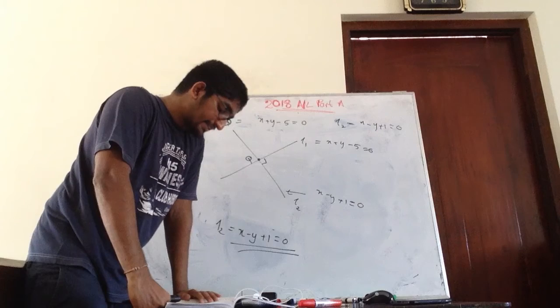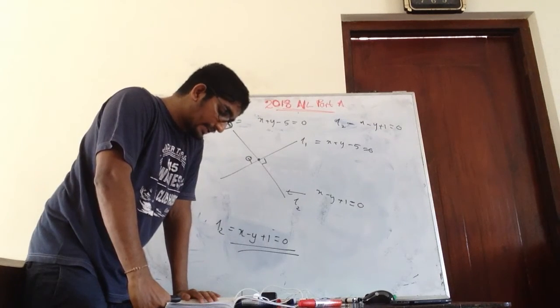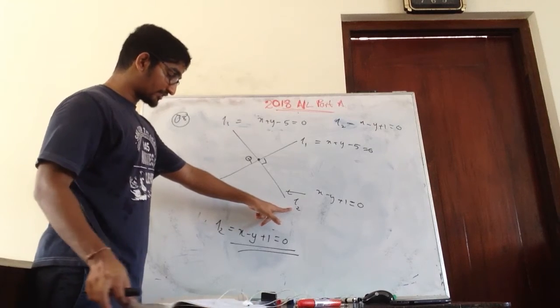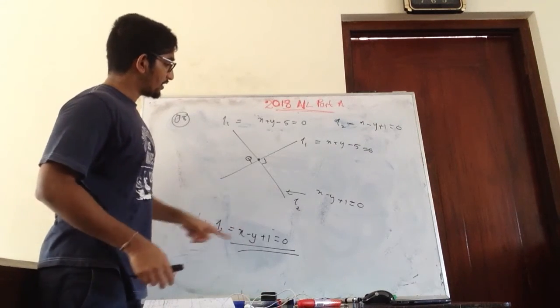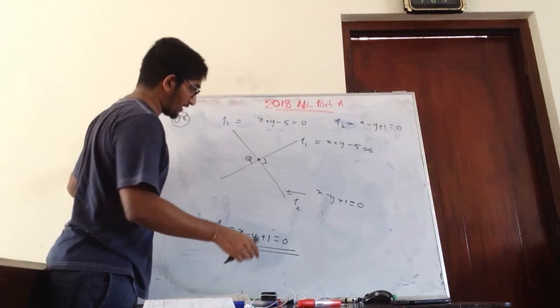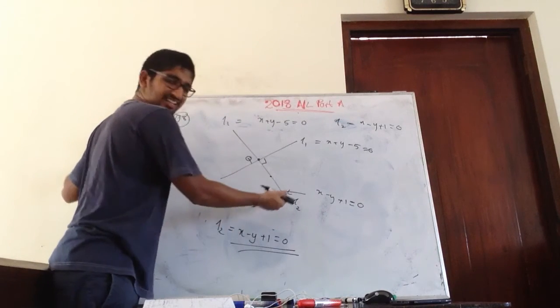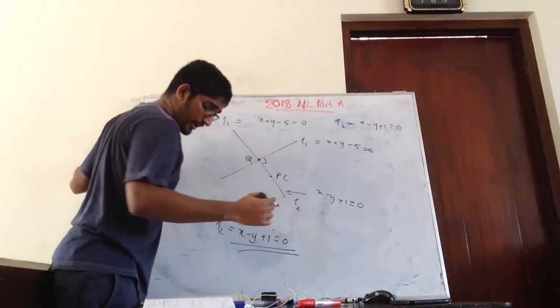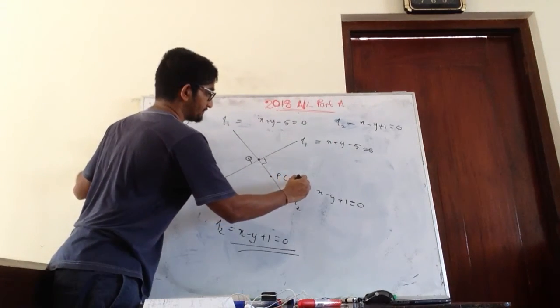Let Q be the point intersecting L1 and L2, and let R be the point on L2 such that PQ to QR is 1 to 2. There was a P somewhere, no? So P was on line L2, so I'll put this as P, and P is 3, 4 here.